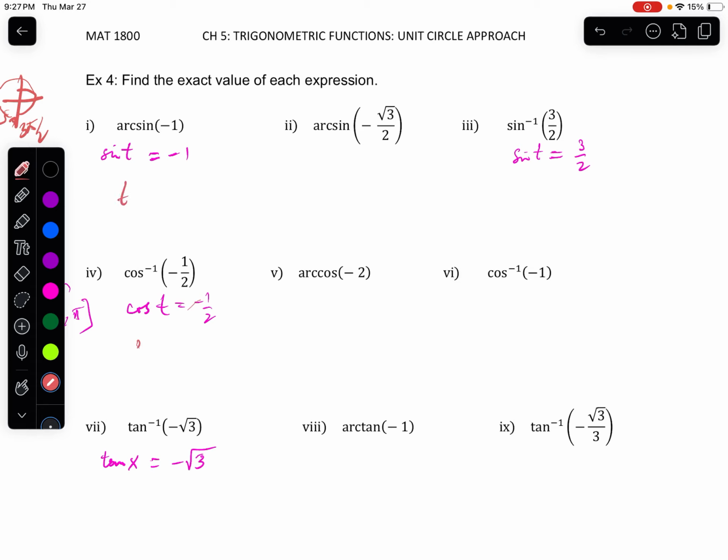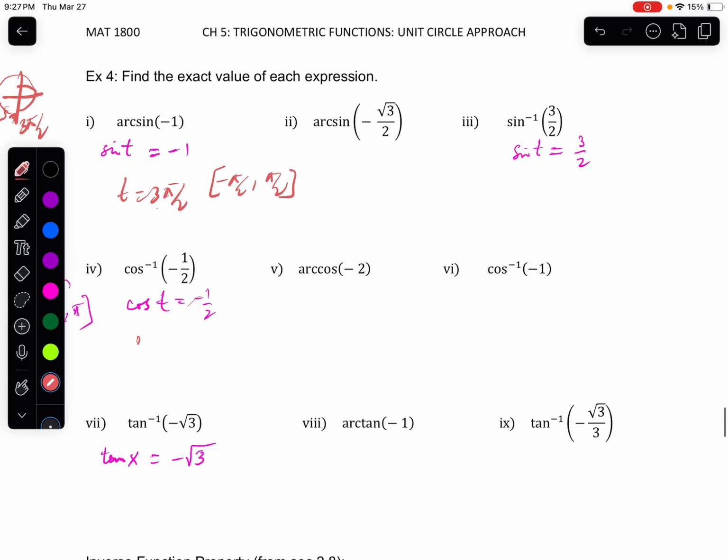That is wrong. And the reason is because 3 pi over 2 does not belong to the interval negative pi over 2 to pi over 2. So you have to read it as negative pi over 2. So the correct answer will be t is equal to negative pi over 2.